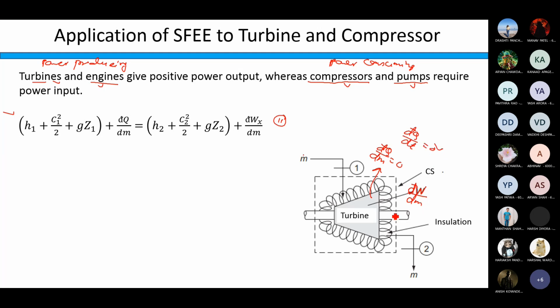In the same way, I am getting work out of this turbine, so this term is positive. If I write it on a per unit time basis, then I should write it like this. This term exists here, so it is not equal to 0.